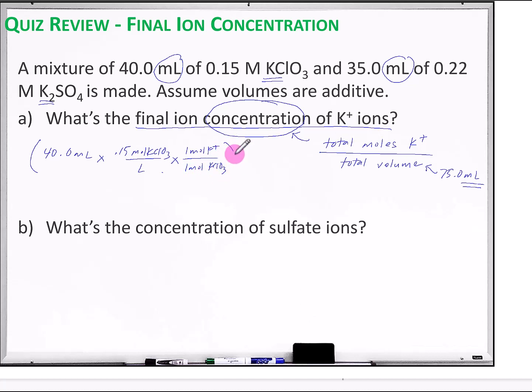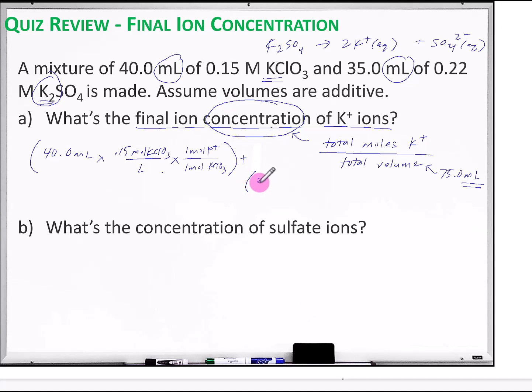This step's important because, as you'll see, it's not 1 to 1 for the other substance. The other substance is 2. K2SO4 is going to make 2 moles of K+ and 1 mole of sulfate ions. I'm going to work sideways here.